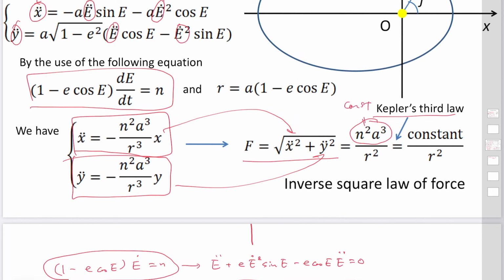So F equals a constant over r squared. So we discovered F is proportional to 1 over r squared. This is the inverse square law of the universal law of gravitation. This is the end of this session.